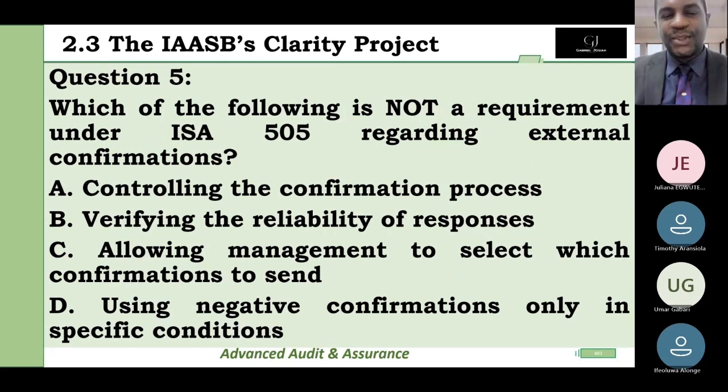Final question. Which of the following is not a requirement under ISA 505 regarding external confirmations? Controlling the confirmation process, verifying the reliability of responses, allowing management to select which confirmations to send, using negative confirmations only in specific conditions.